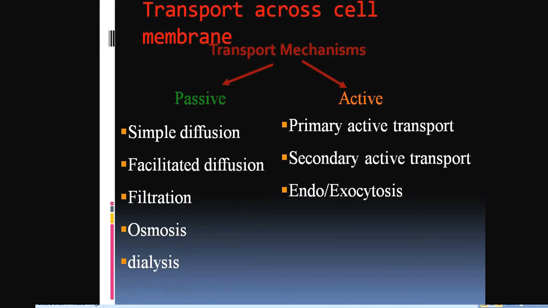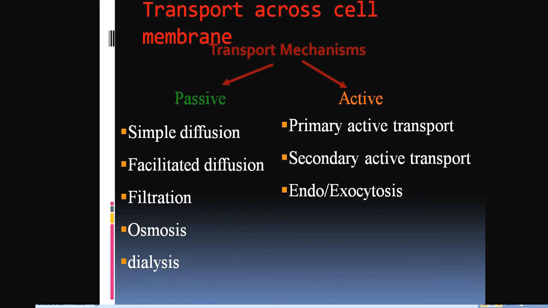Now the issue arises regarding transport across cell membrane. The transport across cell membrane is basically divided into two types, active transport and passive transport. The active transport is further divided into primary active transport and secondary active transport, while the passive transport is further divided into diffusion and osmosis, where diffusion is further divided into simple diffusion and facilitated diffusion.